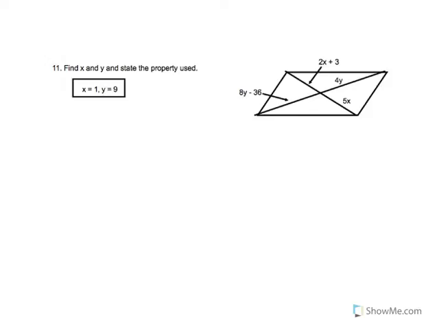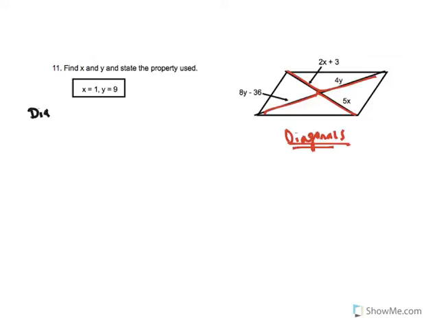So let's try to apply these properties to solving equations. So in this one here, we're talking about a diagonal here, a diagonal here, a diagonal here, and a diagonal here. So we are talking about diagonals. So we're going to look at our diagonal section on our parallelogram properties and see that there's only one property we can use.